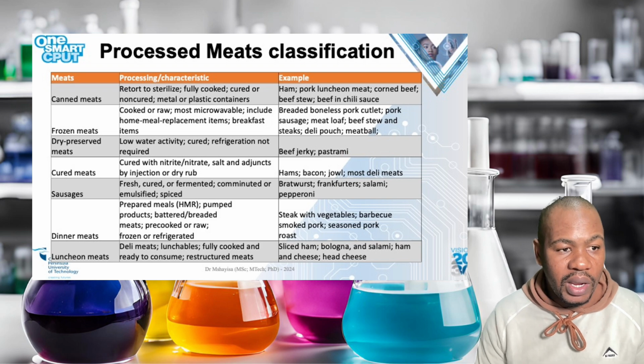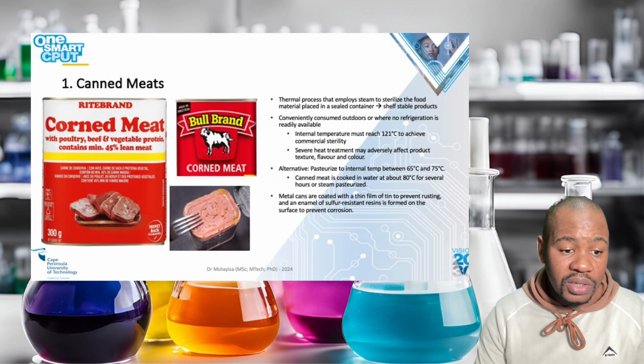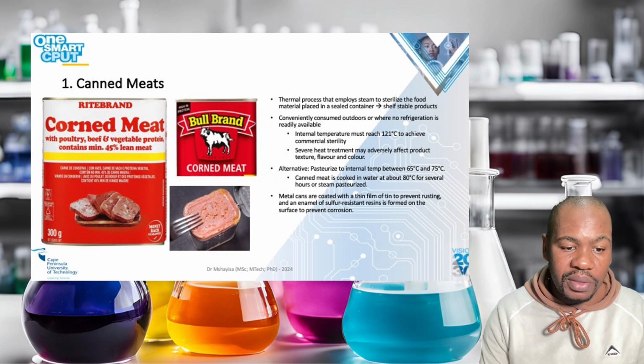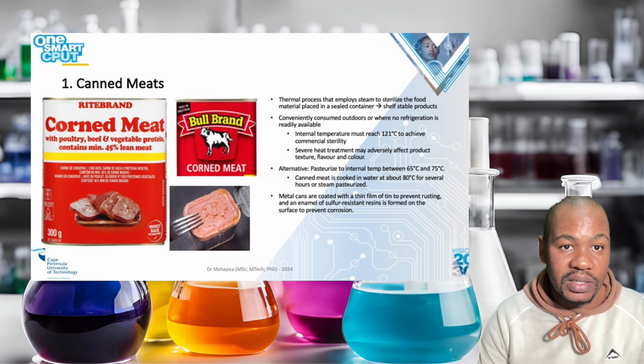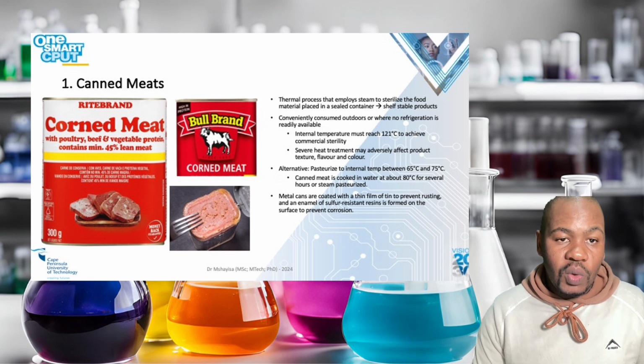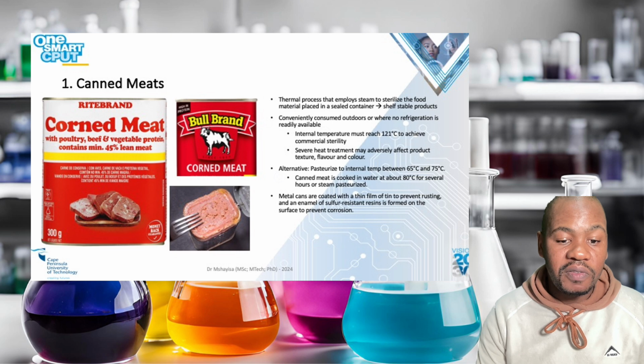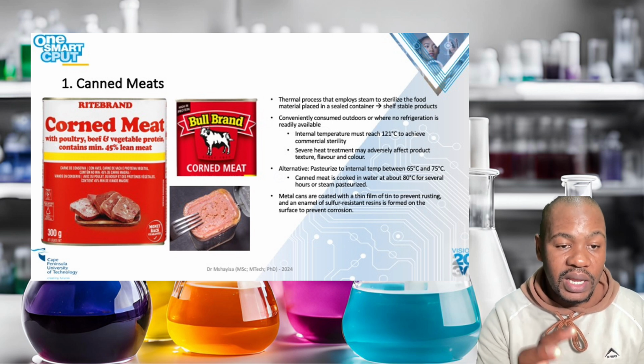But let us look at canned meats. Thermal processing in the food industry is a crucial method that is used to sterilize food products. So how is this done? This is done by employing steam to heat the food in these sealed canned containers.